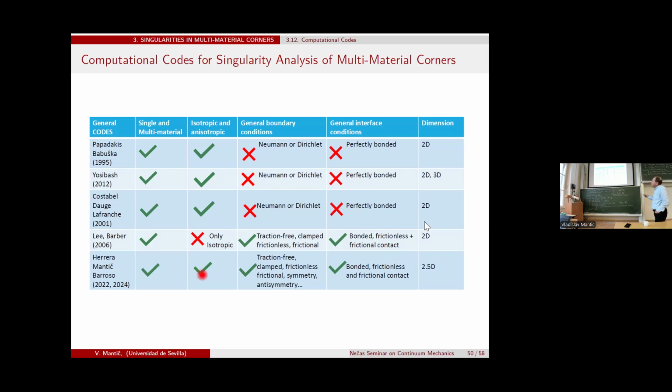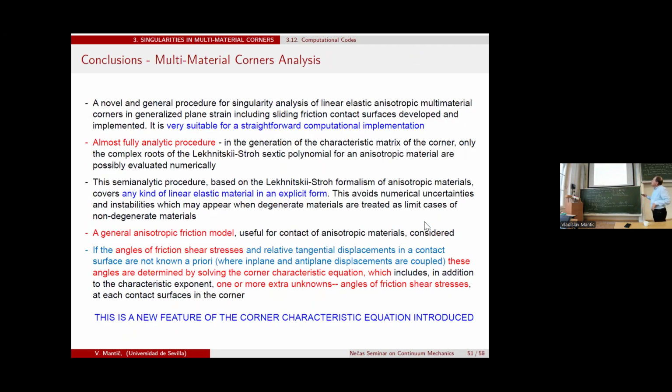Our code is able to solve very general boundary and interface conditions. It's for anisotropic materials, any number of single material wedges in the corner, and it's 2.5D as we consider generalized plane strain. I will skip this conclusion.